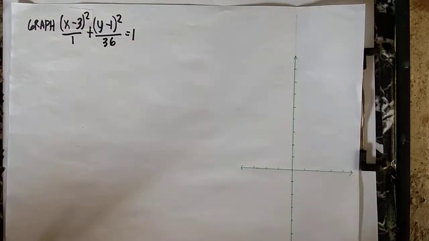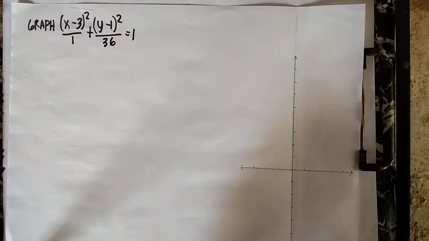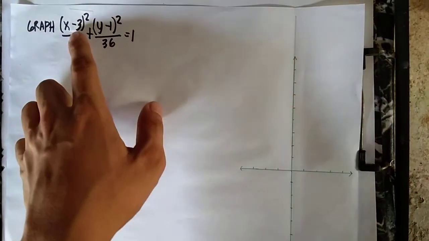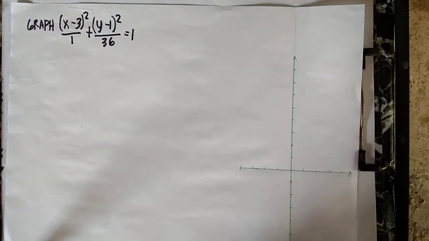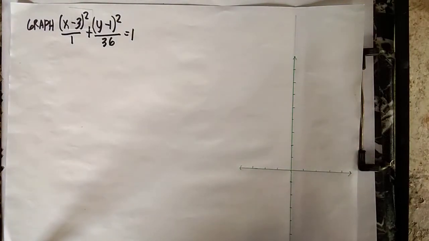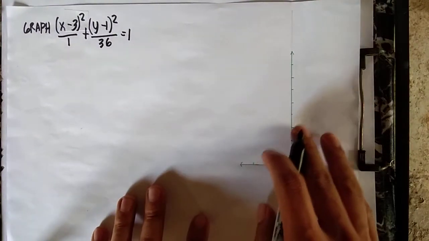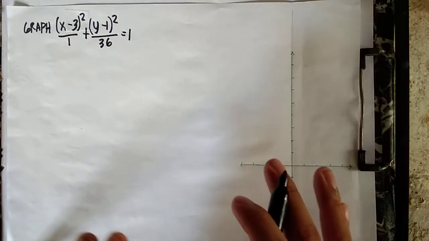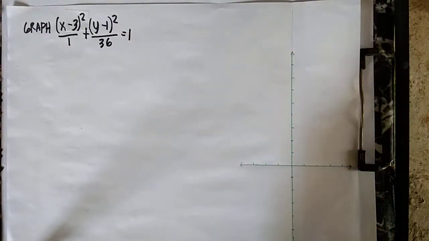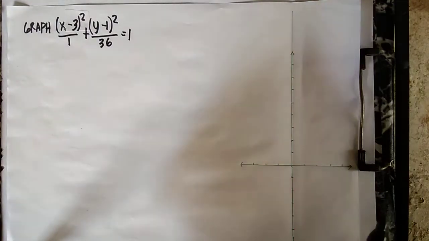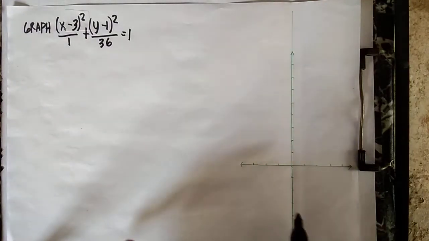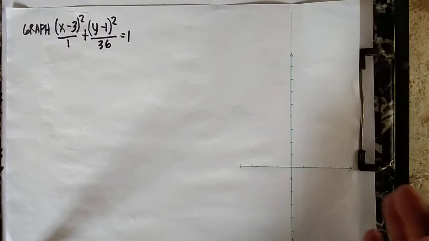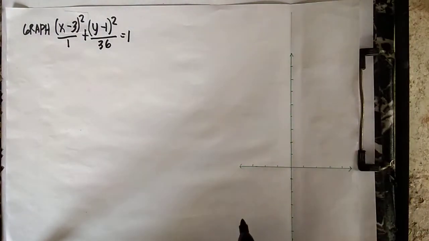So, mapapansin ninyo, unlike dun sa ating unang dalawang example wherein walang kasama or walang numerical coefficient yung ating x and y values. So, ngayon, ang first step na gagawin natin is let's determine first kung ano nga bang kind ng ellipse yung ating equation. Kung siya ba ay vertical or siya ba ay horizontal.